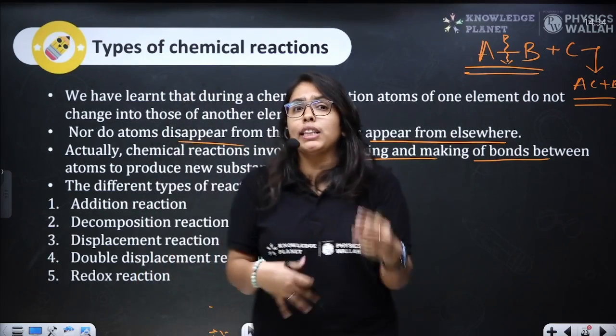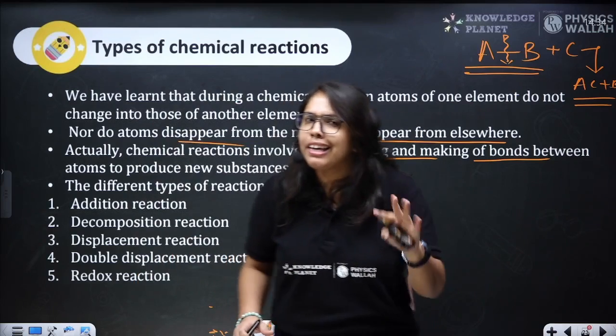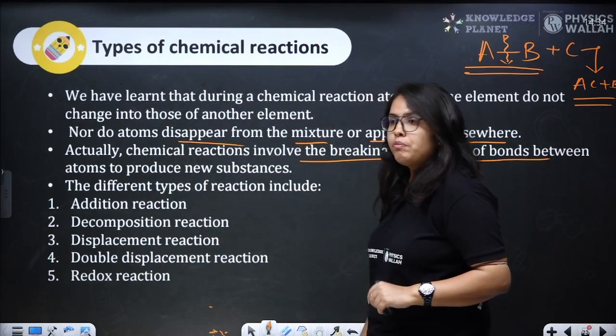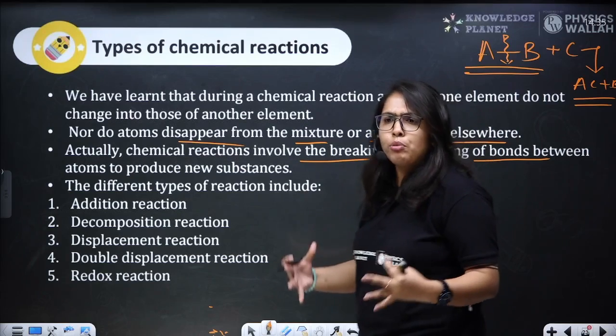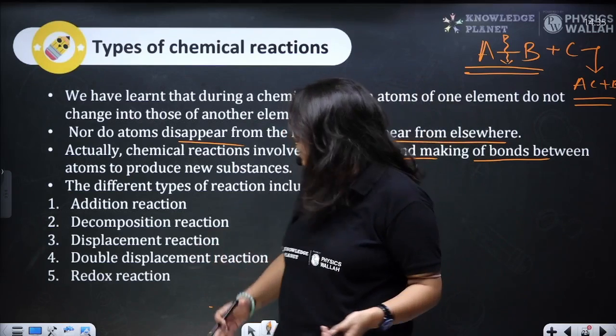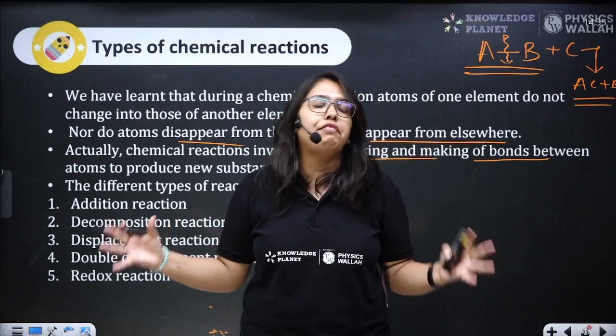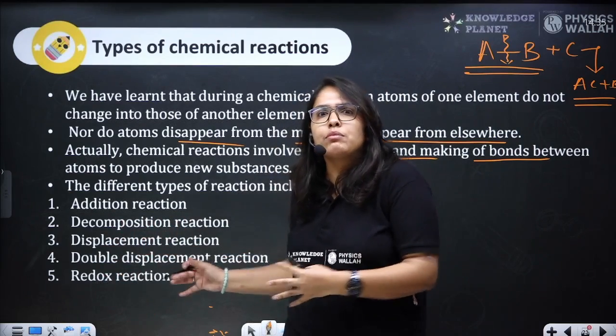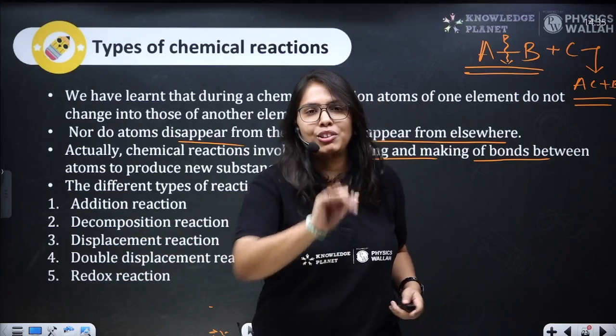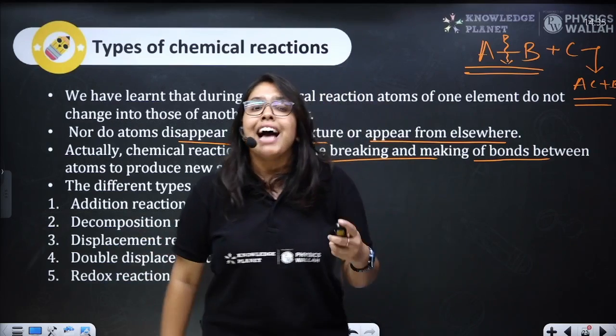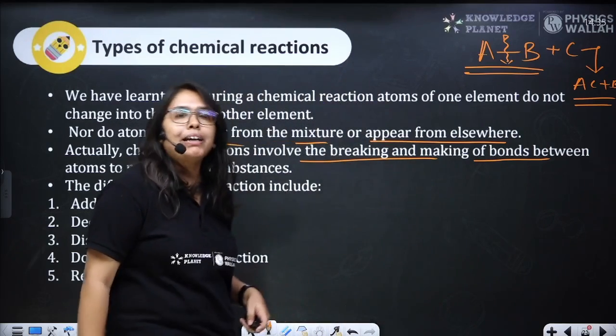Based on this, chemical reactions are of 5 types: addition reaction, decomposition reaction, displacement reaction, double displacement reaction, and redox reactions. Weird, confusing names. Don't you worry. It's easy and we shall understand it better now.